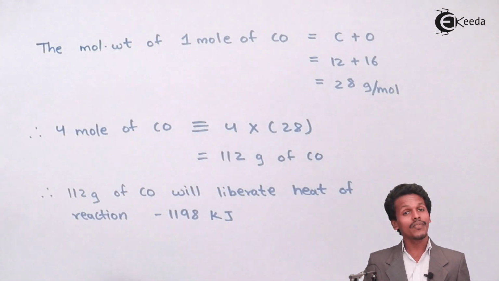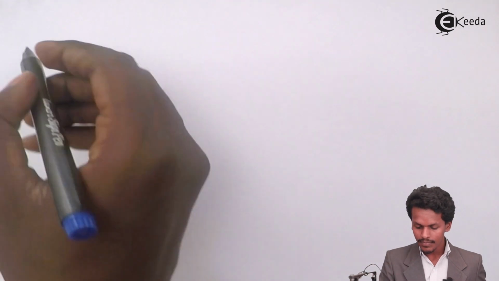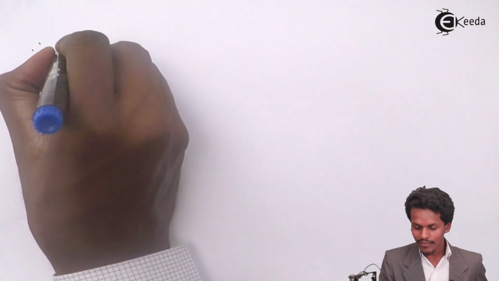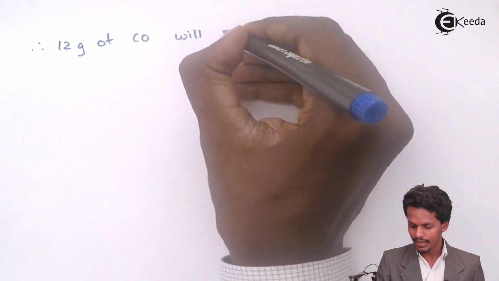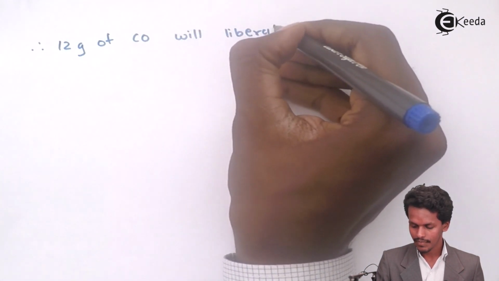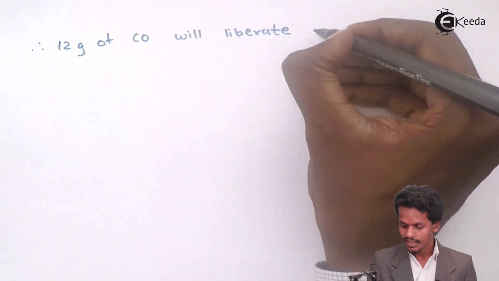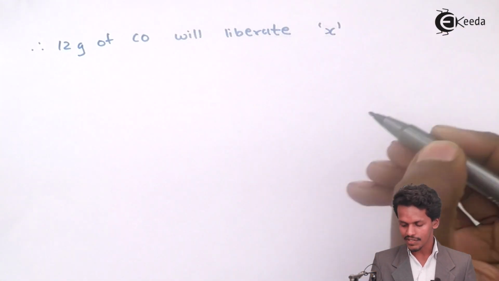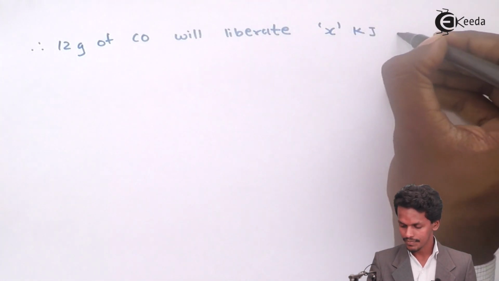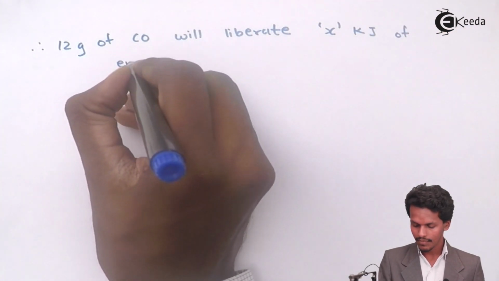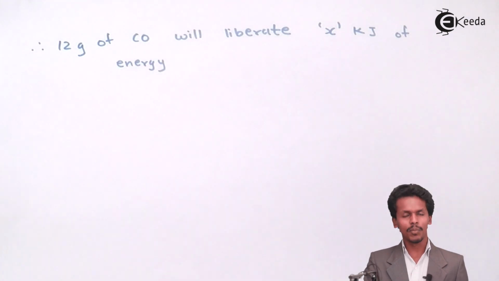So what if we have 12 gram of carbon monoxide? It will liberate, suppose, x kilojoule of energy, energy in the form of heat.